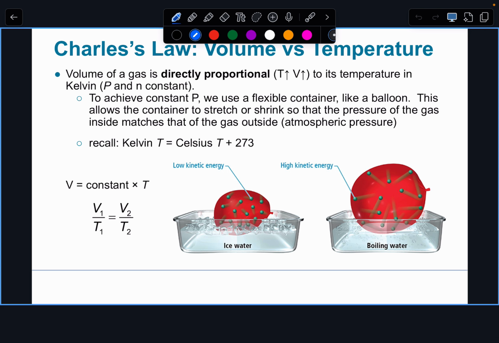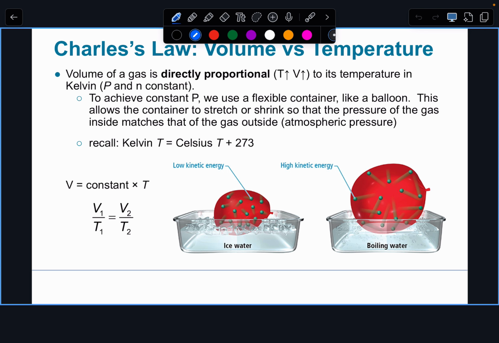Okay, so volume and temperature, you guys may have seen this. It's kind of a fun little experiment you can do at home. You go outside on a warm day, you fill a balloon, tie it off, so you keep the number of moles the same. The pressure's the same because it's a flexible container. Then you take it inside and stick it in the freezer or put it in an ice bath, and you will see the volume of it get smaller.